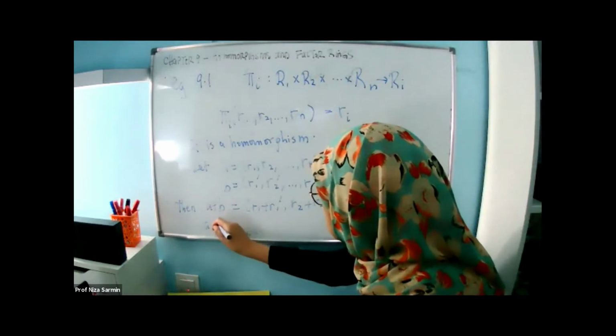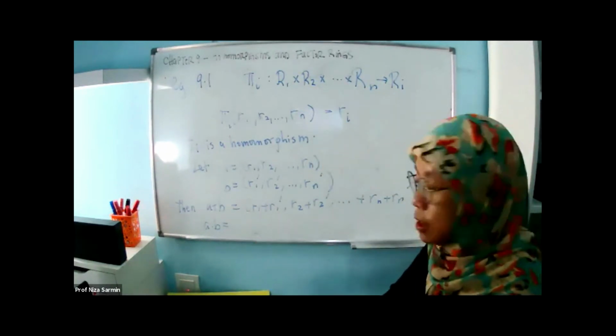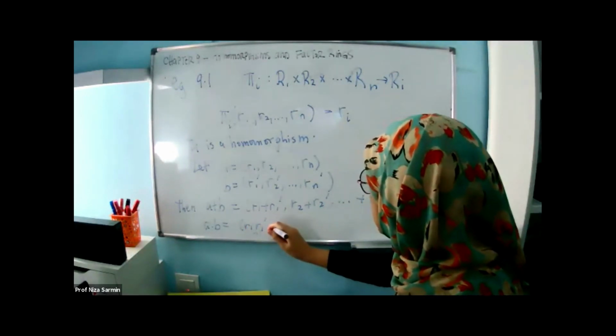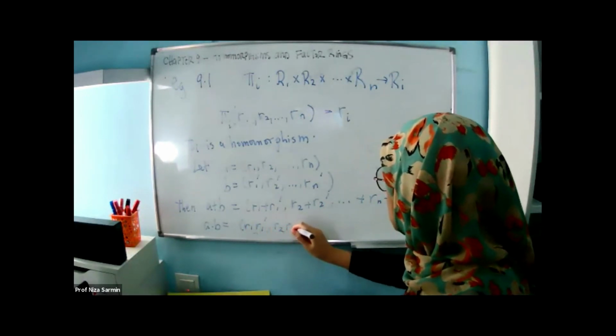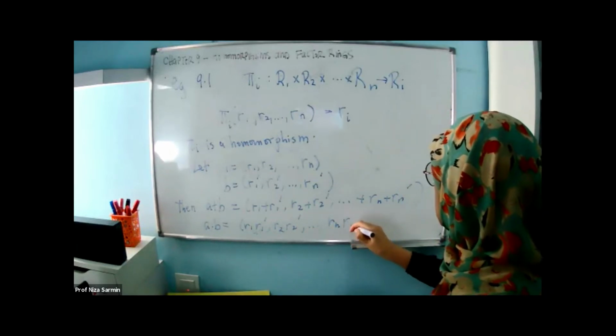And A times B, if you do the normal multiplication, is (R1 R1 prime, R2 R2 prime, ..., Rn Rn prime).